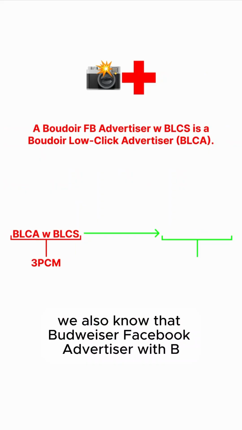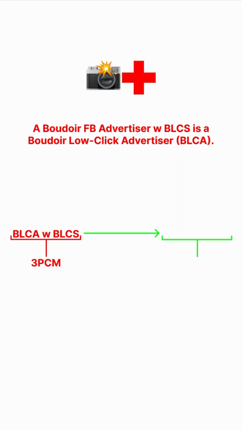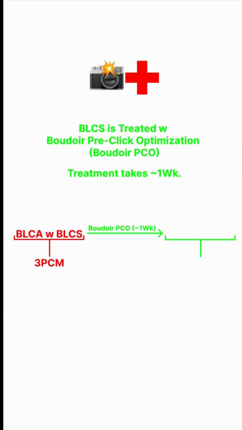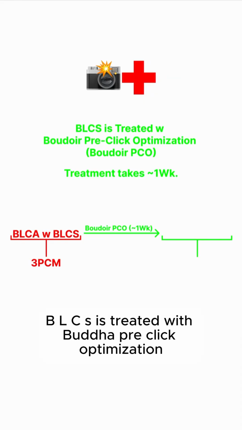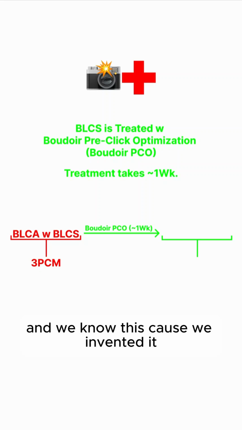We also know that a Boudoir Facebook advertiser with BLCS is a Boudoir low click advertiser, a BLCA. So building our universe here, we've got a BLCA with BLCS caused by the 3 pre-click mistakes. Solution: BLCS is treated with Boudoir pre-click optimization, aka Boudoir Pico, and treatment takes about a week. And we know this because we invented it.